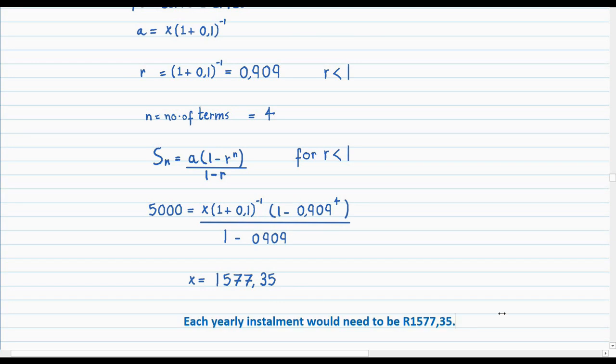From this, we can derive a general formula for determining the present value of a bunch of deposits made in the future. The first term we had for the example was x times 1 plus 0,1 to the power of negative 1, and the constant ratio was 1 plus 0,1 to the power of negative 1.